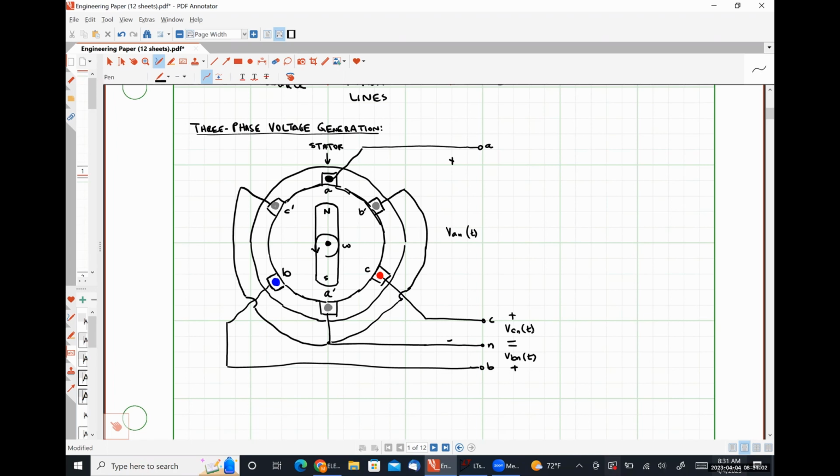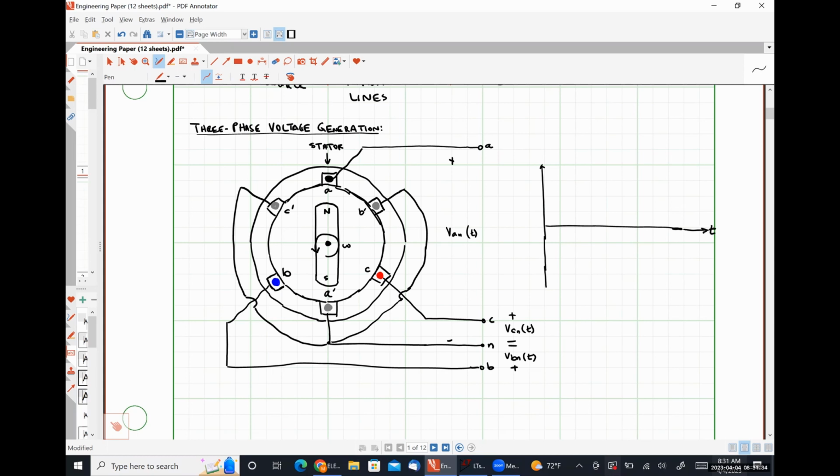Okay. So I'm going to draw a plot here, and it's going to be crappy because I can't draw well, but I'll try to make it make sense. All right, so this is going to be time.